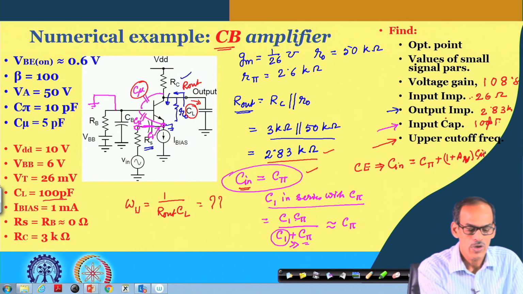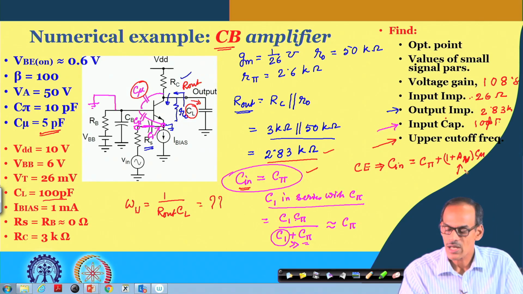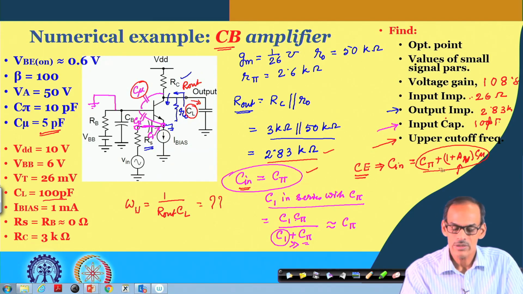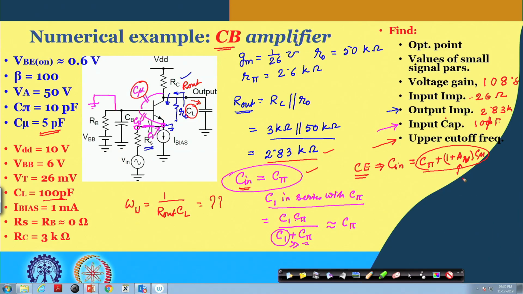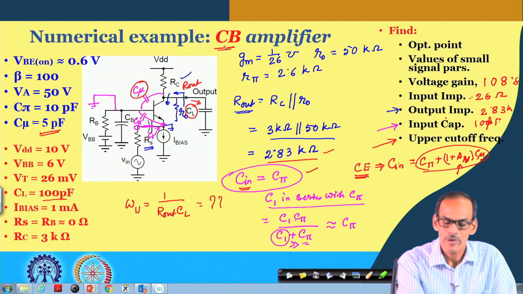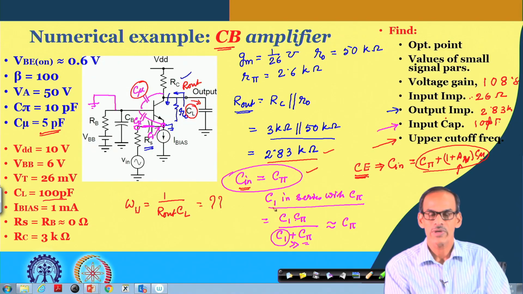If you have a significant amount of C mu, since the voltage gain is high, for the CE amplifier the input capacitance was quite large. On the other hand, for the common base amplifier, that C mu is not having any contribution. So, in terms of input capacitance, the common base amplifier is better.